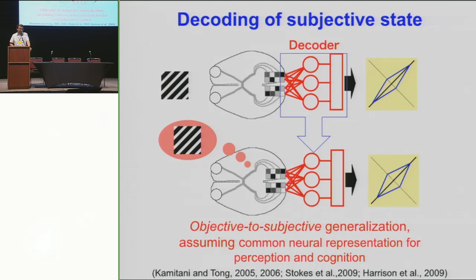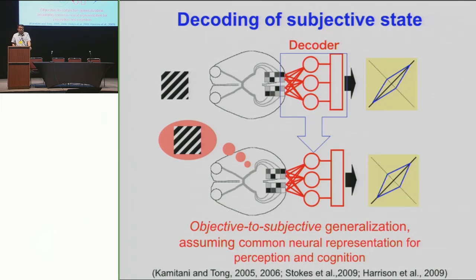And it works in many situations like attention, working memory, imagery. You can generalize a stimulus-induced decoder to decode mental contents, depending on the brain region. In other words, by looking at this generalization, you can see in which brain region the information is commonly represented. Of course, if you're interested in more subjective states like emotion, you don't always have an objective stimulus condition.